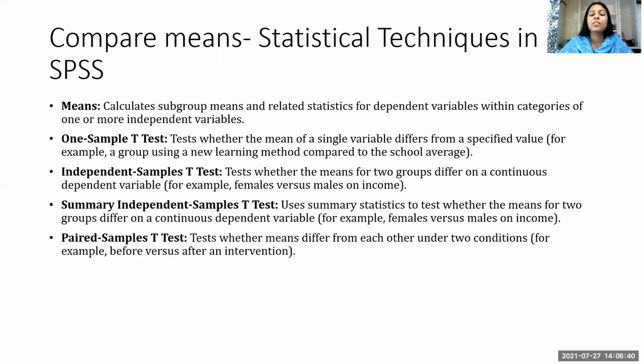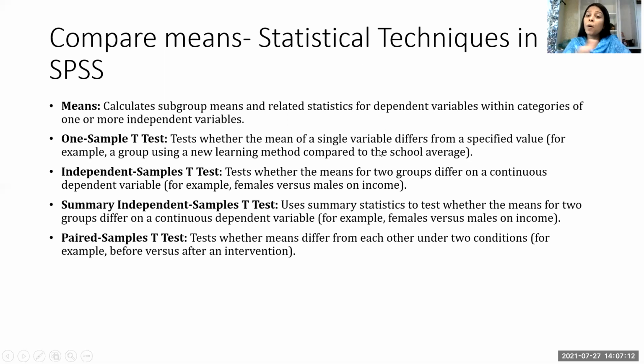The next one is your paired sample t-test, which tests whether the means differ for each group under two different conditions, for example, pre- and post-intervention. Say you have a drug which you want to test to see whether it is effective in improving the health of the patient.